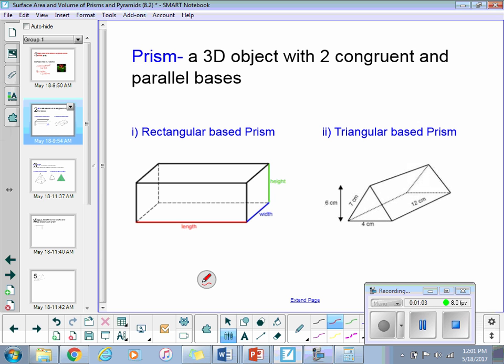A prism, if you remember from way back, I know that you learned this in grade 2 because my daughter's learning all this stuff, is a three-dimensional object, and it has two congruent and parallel bases.